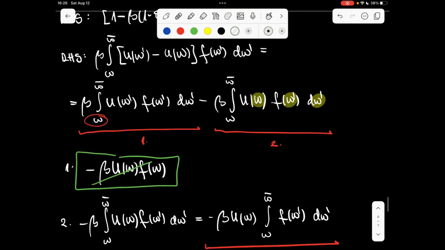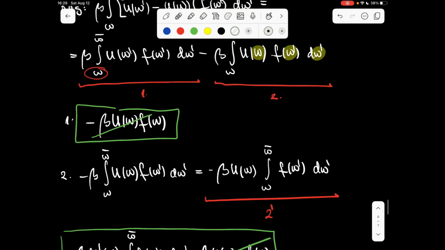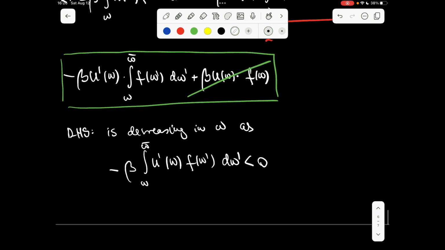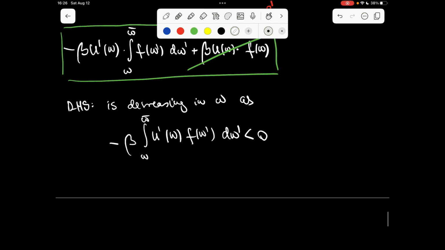So the left hand side is strictly increasing, the right hand side is strictly decreasing, so there is a unique reservation wage from which A can be calculated.